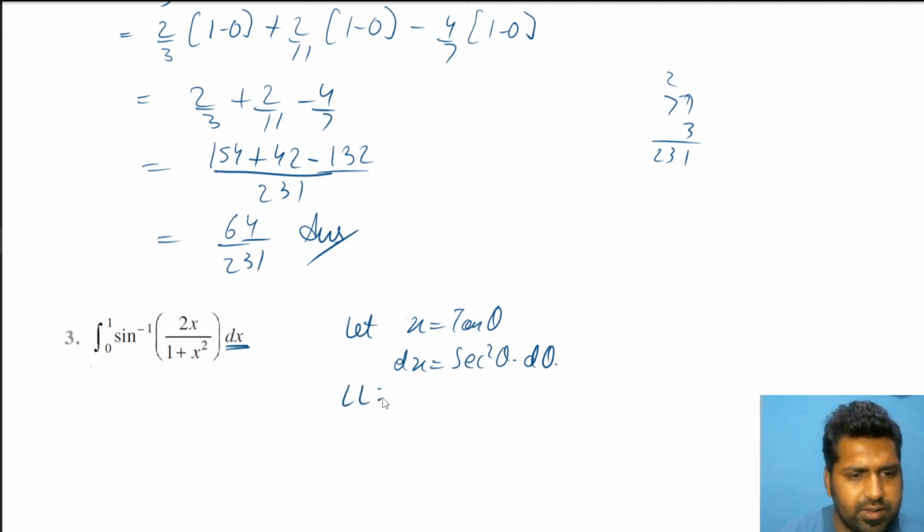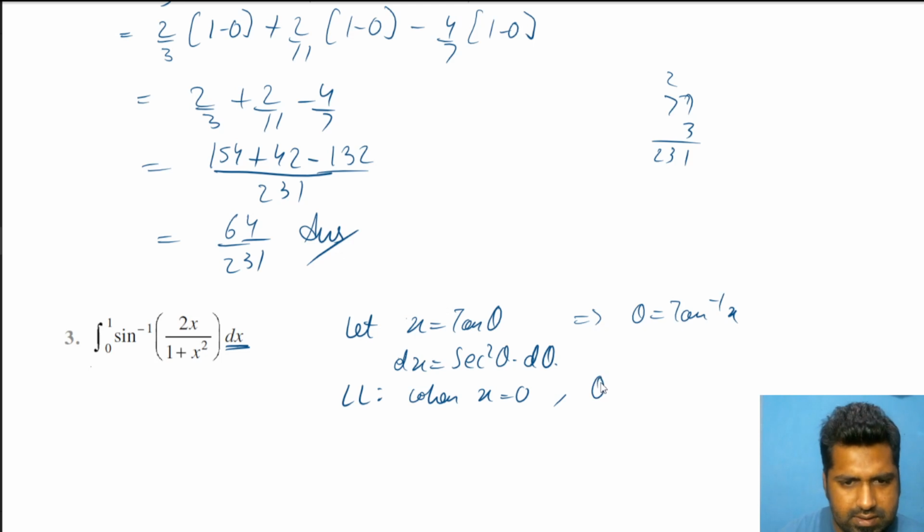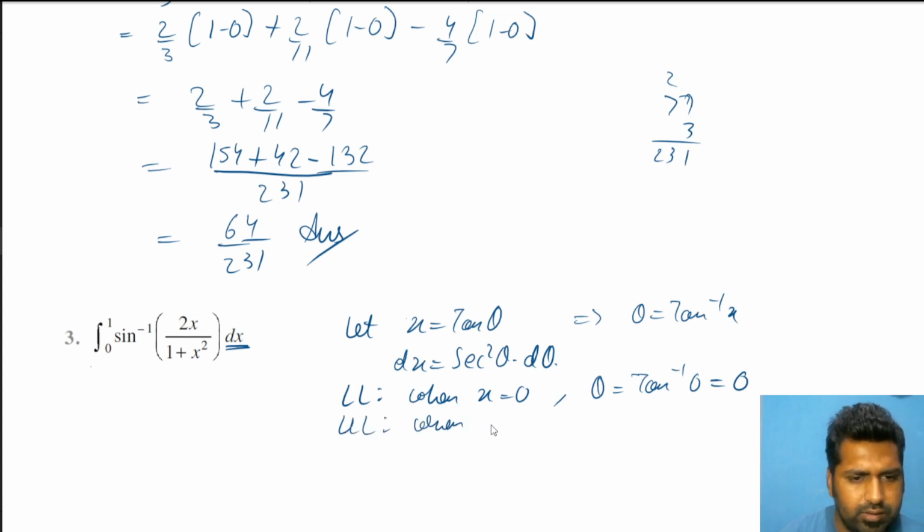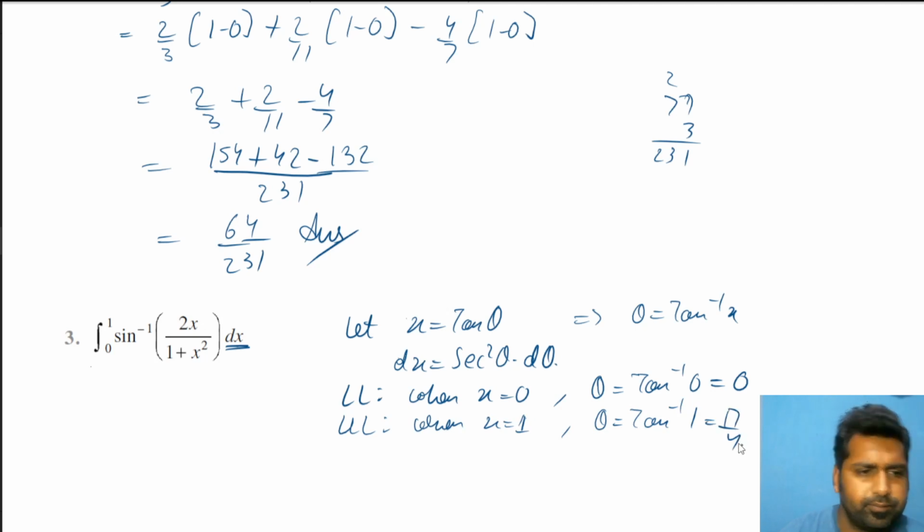So your lower limit, when x is 0, so basically your theta is tan inverse x. So when x is 0, theta is tan inverse 0, that's 0. And upper limit, when x is equal to 1, your theta is equal to tan inverse 1, that's pi by 4.